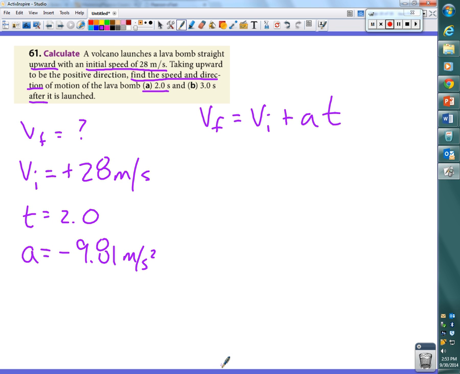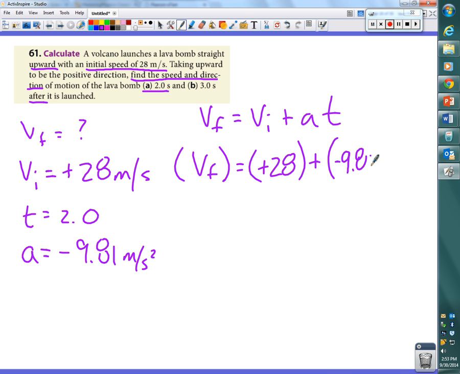You can plug numbers into the equation, but you can't change it. VF is VF, that's what we're solving for. Here, we're plugging in positive 28. Then, plus, you can't change that, but you can plug in negative 9.81 here and 2 here.